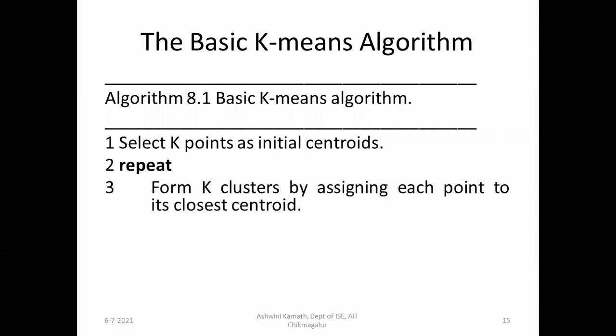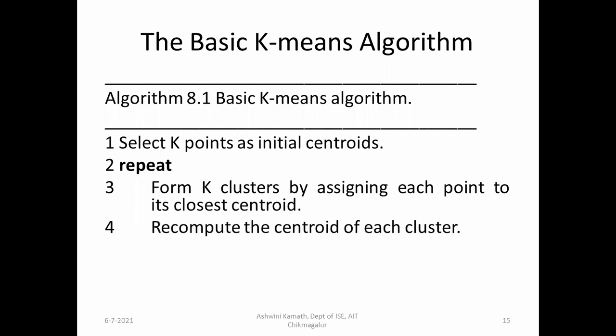Repeat: form K clusters by assigning each point to its closest centroid. For example, if K is equal to 3, then 3 clusters will be formed by assigning each point to its closest centroid. For each of these points, it will check the distance to the other points. If it is nearer, it will assign it to that particular cluster.